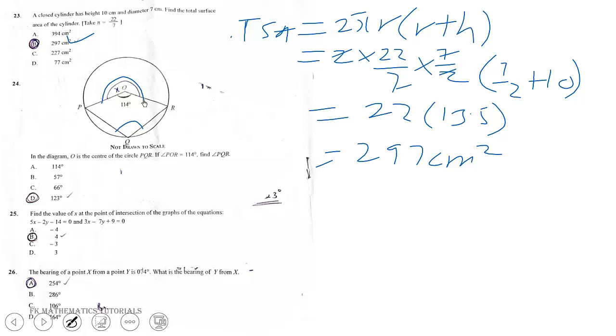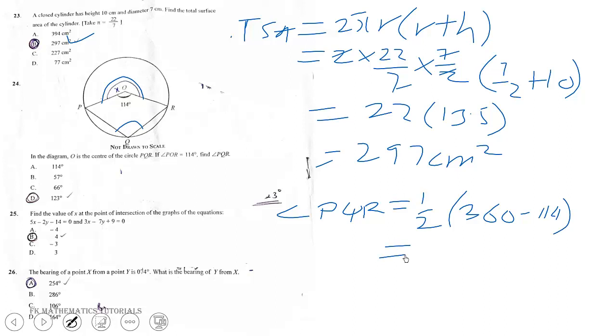So angle PQR is equal to half of that reflex angle, which is 360 minus 114 degrees. So 360 minus 114 will give you 246. So half of 246 will be equal to 123 degrees. So the correct answer is this.